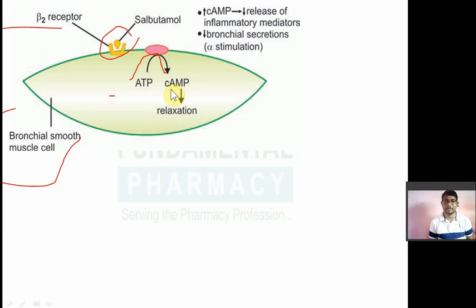Increased concentration of cyclic AMP in the bronchial smooth muscle cell causes bronchodilation. Increased cyclic AMP level in the mast cell prevents the release of inflammatory mediators. Also decreases the bronchial secretion by alpha stimulation. This is how they act.